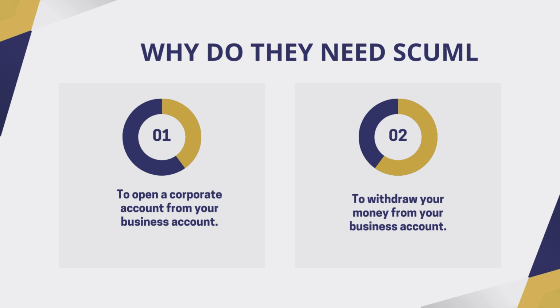And for those who still want to go ahead, while you are doing the registration, you tell them that, okay, I can help you get your SCUML certificate. You can even charge them all together, because that's what we do in MAP. When a client comes, the first thing I ask them is, what is the nature of your business? What do you want to do? Once I see it falls under that category, I will let you know. Some of them are like, okay, that's fine.